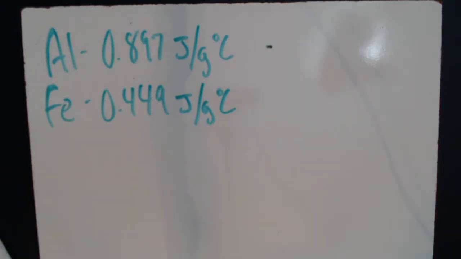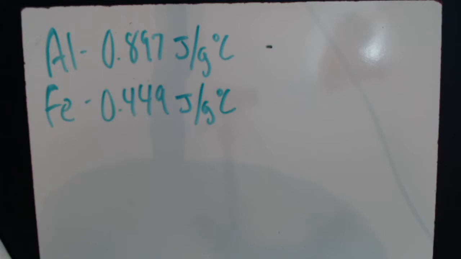Doesn't mean it's the only one we're going to be using, though, because I could say kilojoules per gram degrees Celsius, or joules per kilogram degrees Celsius. So always pay attention to this and make sure you're in the right units. Most of the time it's joules per gram degrees Celsius.